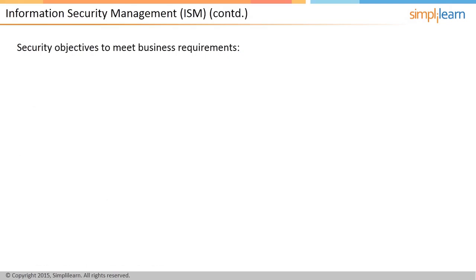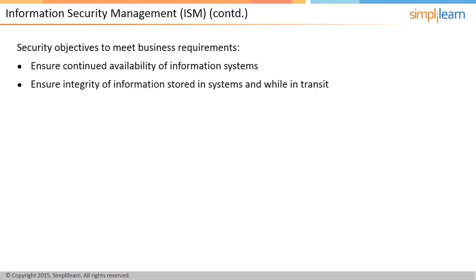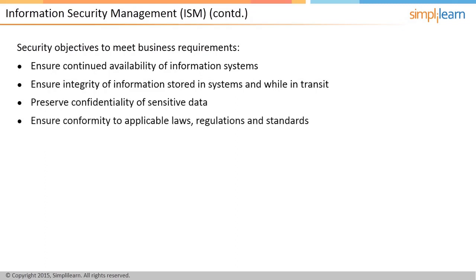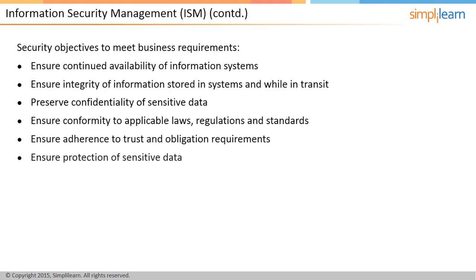The security objectives to meet business requirements are to ensure continued availability of information systems, to ensure integrity of information stored in systems and while in transit, to preserve confidentiality of sensitive data, to ensure conformity to applicable laws, regulations, and standards, to ensure adherence to trust and obligation requirements, and to ensure protection of sensitive data.